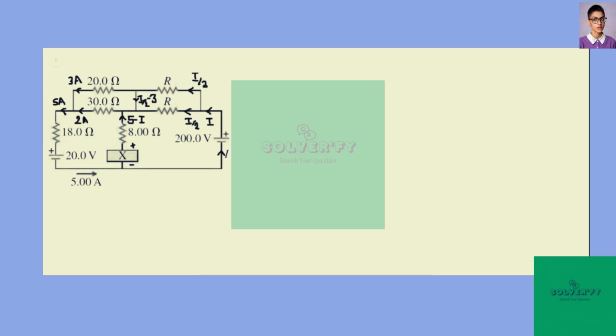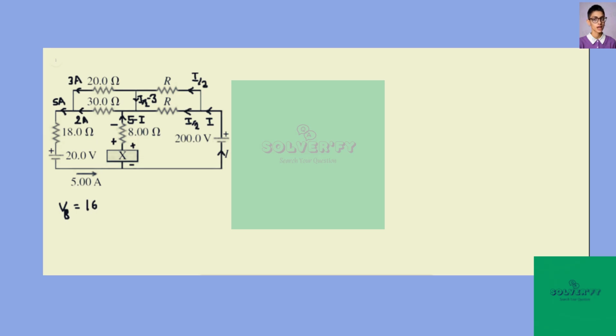To begin, there is one more hint that the voltage across the 8 ohm resistor is 16 volts. Given that the voltage across the 8 ohm resistor is 16 volts and the higher potential being down, the lower potential is upwards, so the current will flow from positive to negative. So our assumption of 5 minus I, the current flowing along this resistance, is correct.